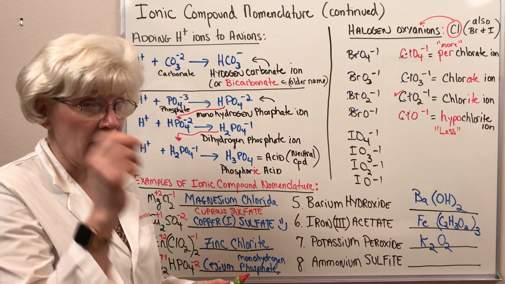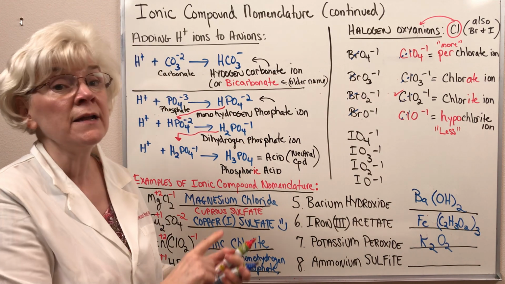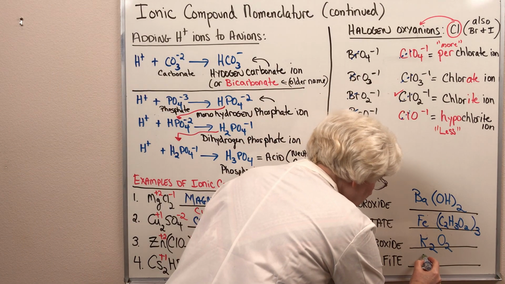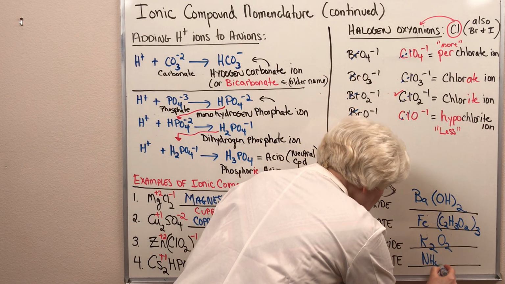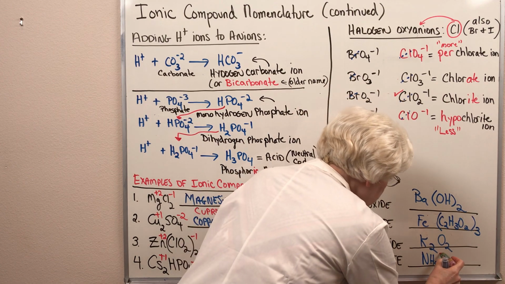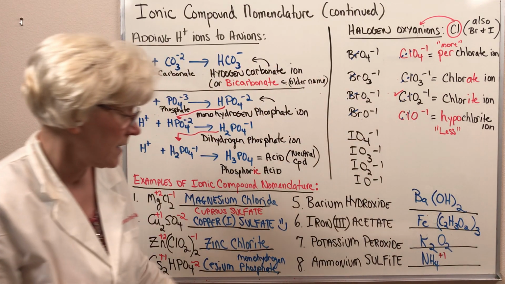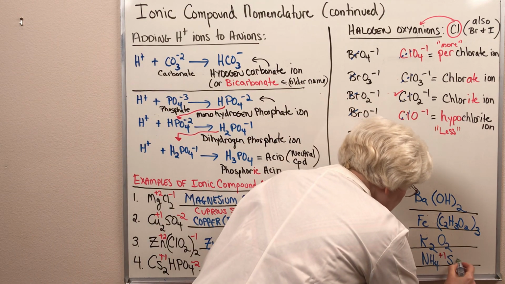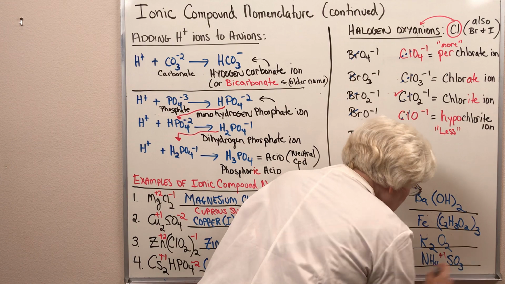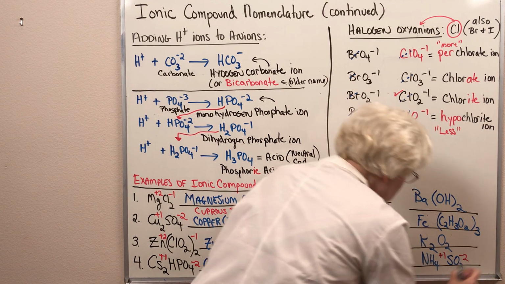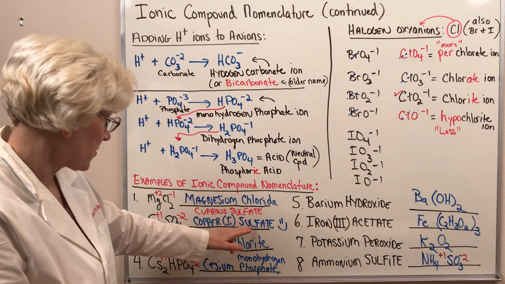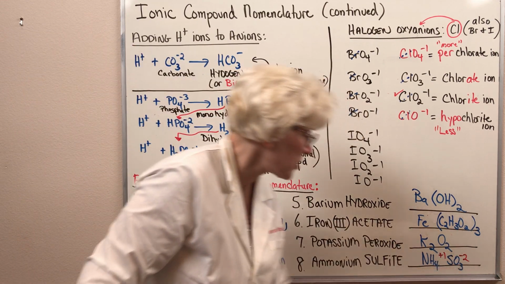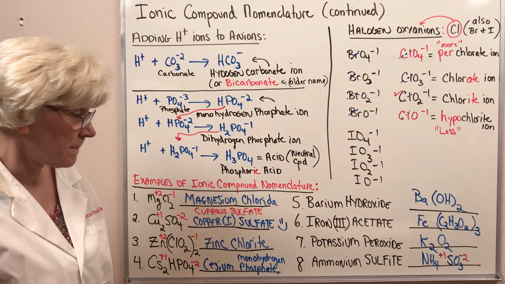The last example that I have up here on the board is ammonium sulfate. Ammonium is that unusual cation that is not a metal cation, and it has the formula NH4 with a +1 charge. Sulfite is SO3 with a -2 charge. So it is the partner to the sulfate anion, same charge, 1 less oxygen.